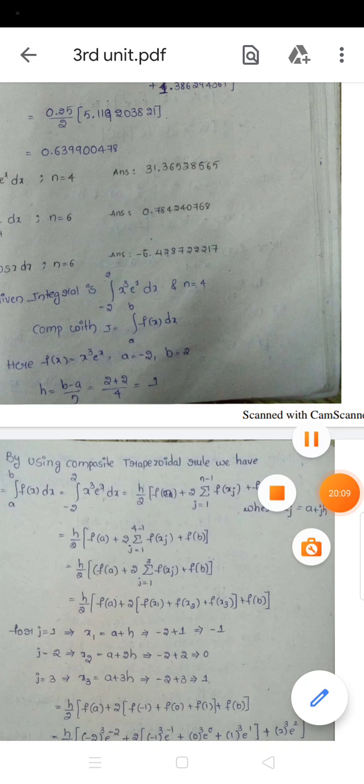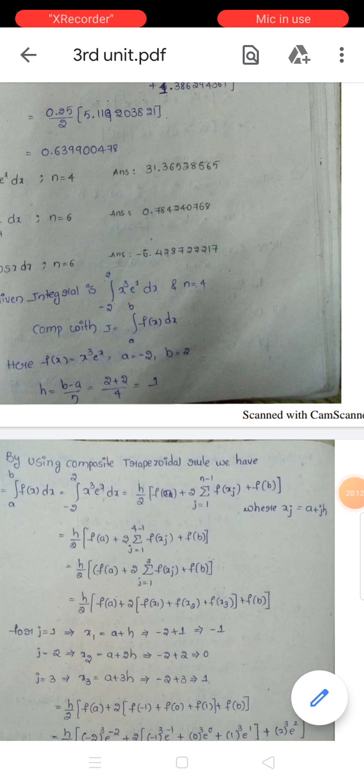That equals h by 2 into [f of a plus 2 into summation j equals 1 to 3 f of xj plus f of b] equals h by 2 into [f of a plus 2 into (f of x1 plus f of x2 plus f of x3) plus f of b].